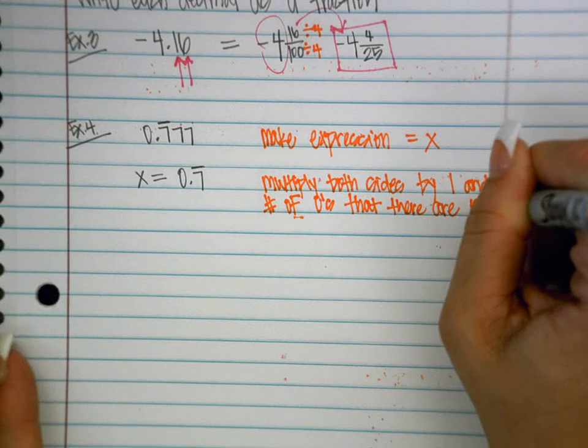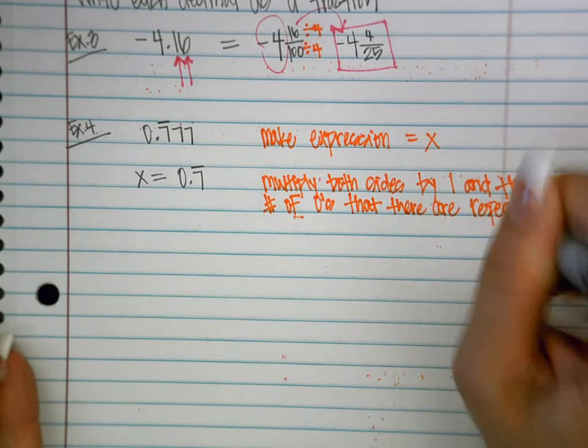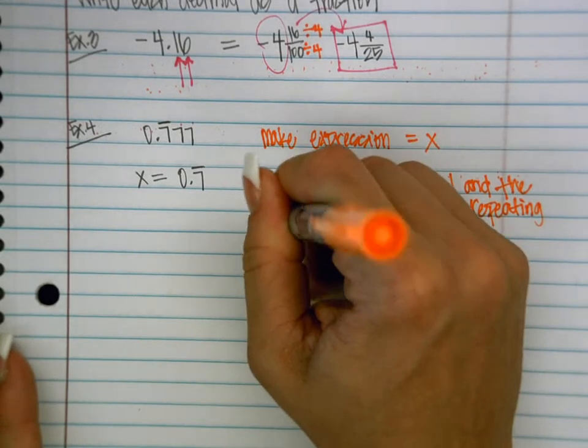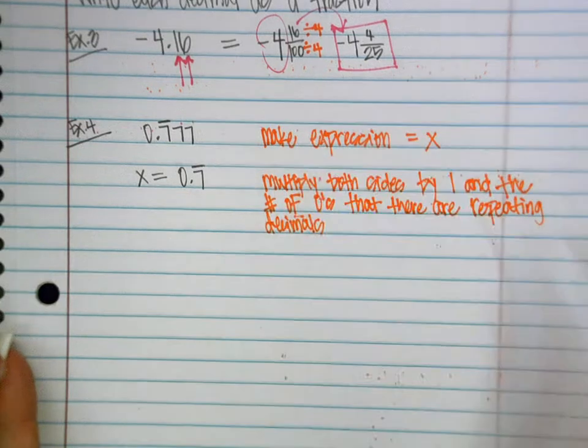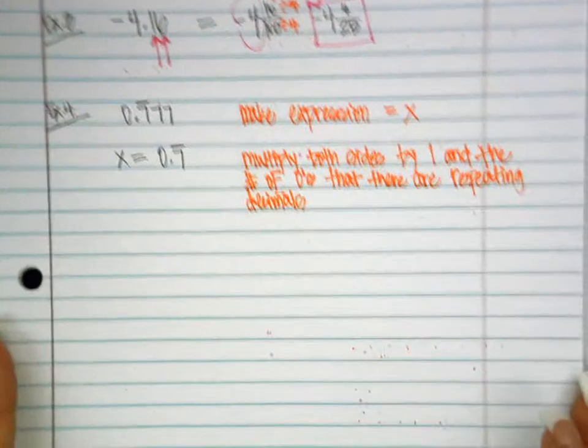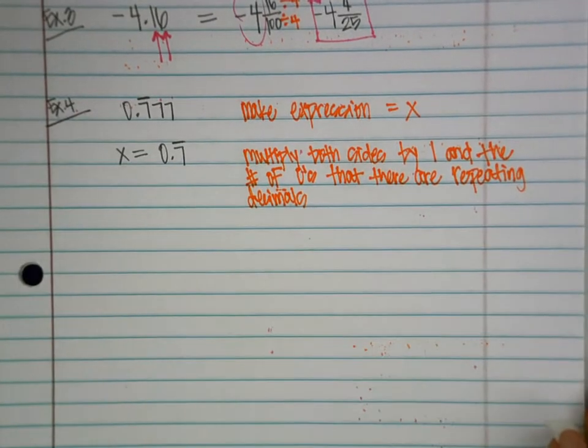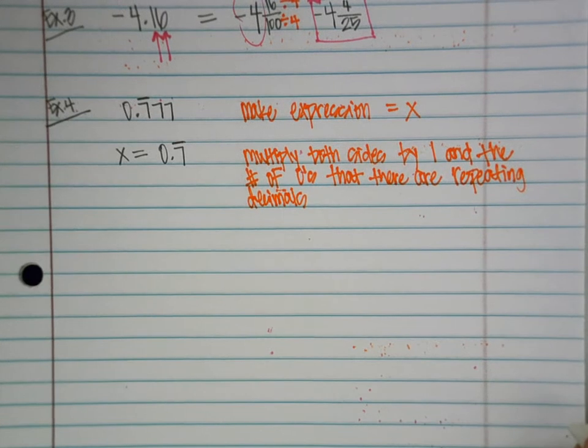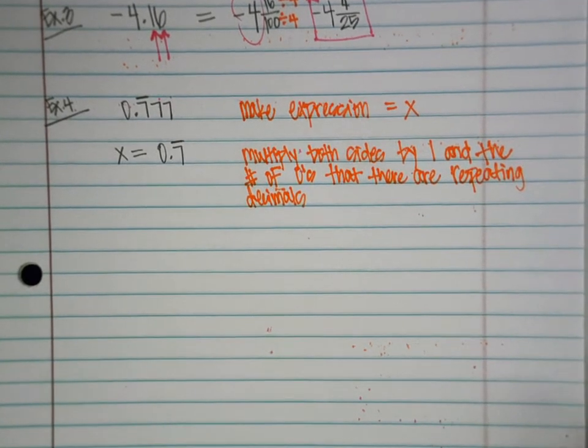I know this explanation is a little bit long. So you're going to take this and we're going to multiply both sides by 1 and the number of zeros that there are repeating decimals. So if that sounds a little bit confusing, let's try to clarify it.